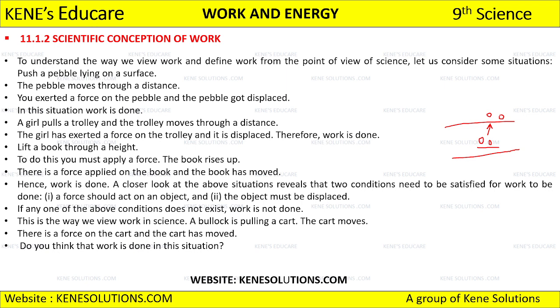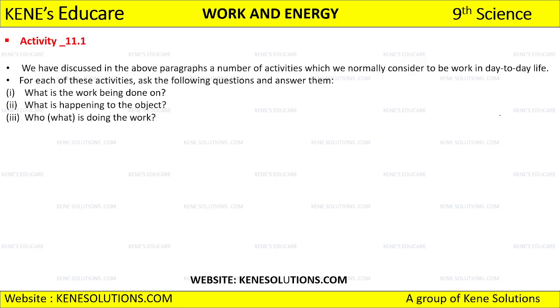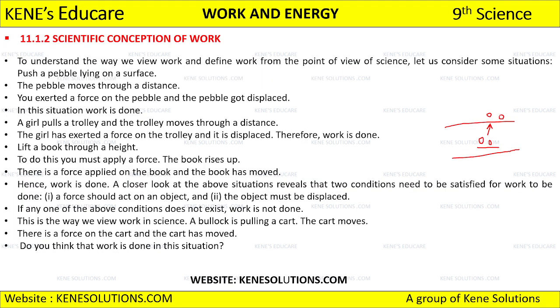The first condition that they have given is that a force should always act on an object. If you can see in this activity, they asked us three questions: what is the work being done on, what is happening to the object, and lastly, who is doing the work. So we need to check whether the work has been done on the object, whether the force has been exerted on the object or not.